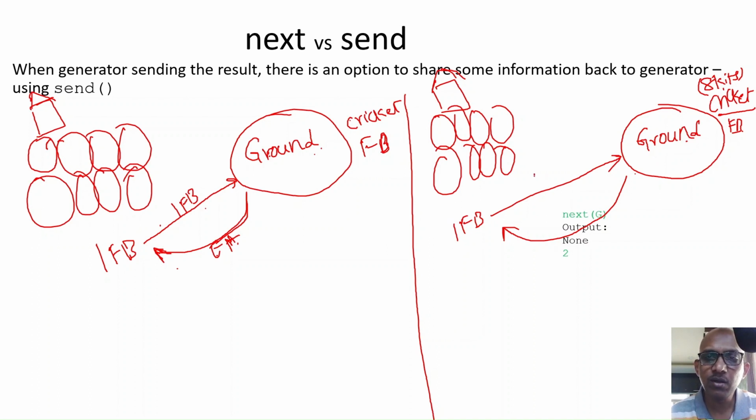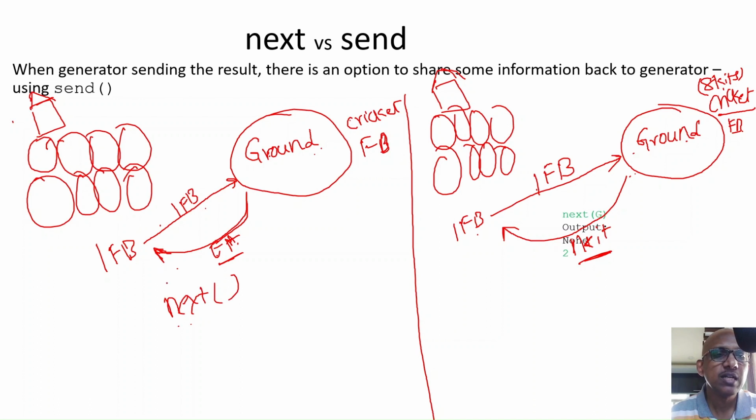While going from home to ground, you take one football and hand it over there. While coming back from ground to home, you take one kit. See, here you came with empty hands. Here you are coming with some luggage.